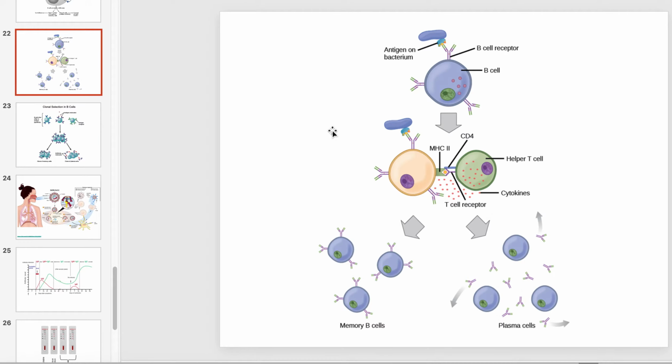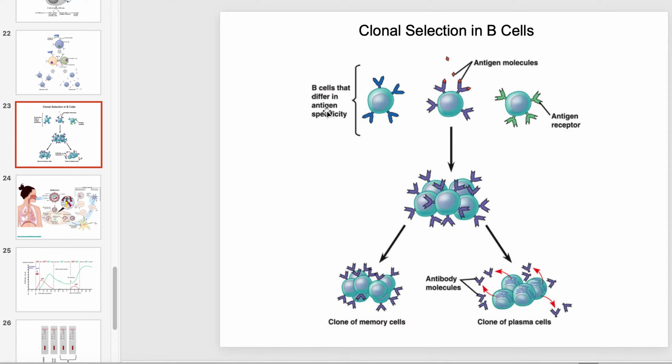So in this particular case, the particular B cell that is clonally selected to fight the infection has to be very carefully determined. And so in this particular case, imagine having a pool of B cells. Only one kind of B cell or a few kinds of B cells will have the right antigen binding site on its surface for a particular antigen.